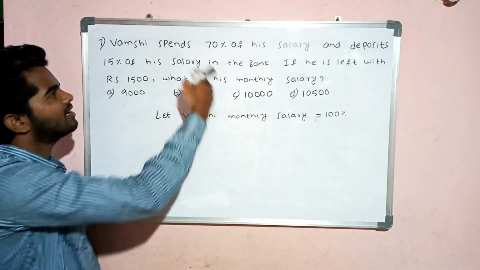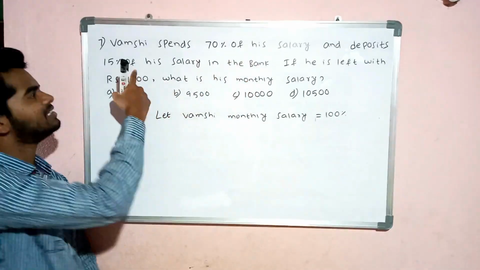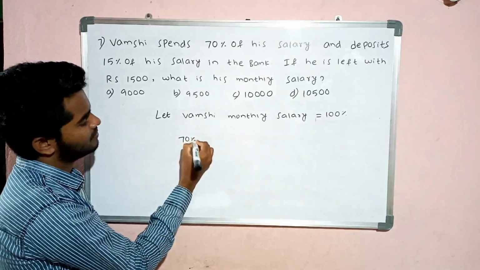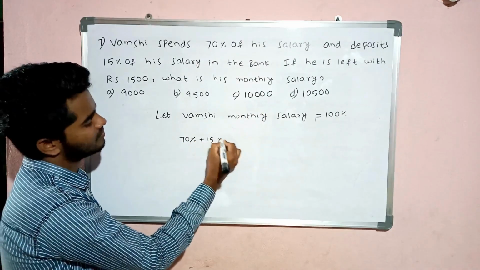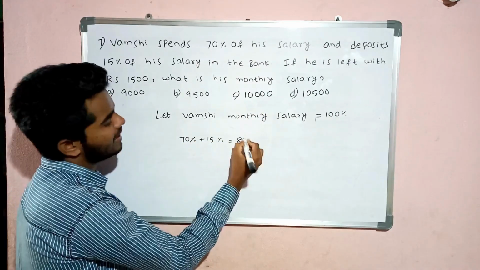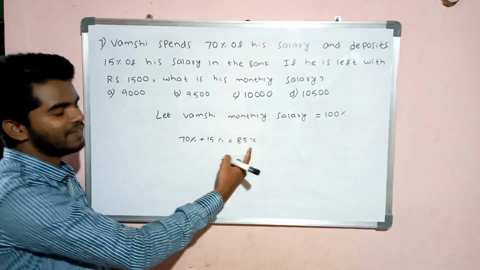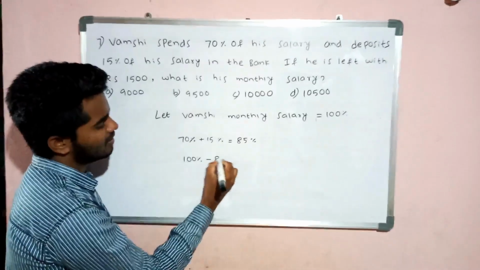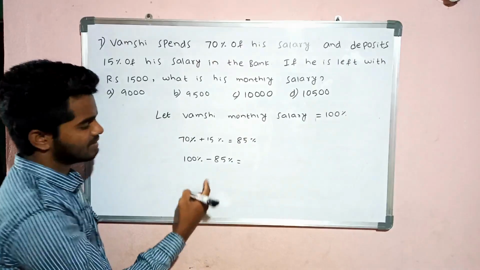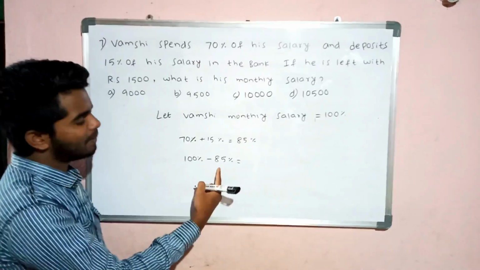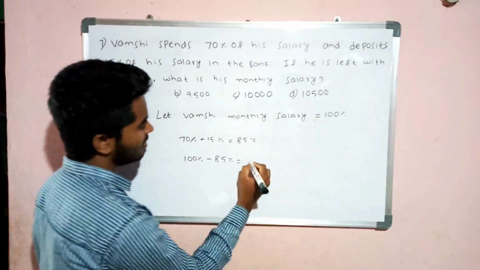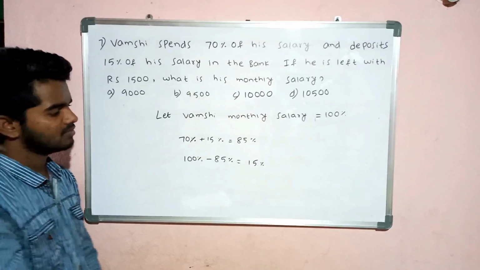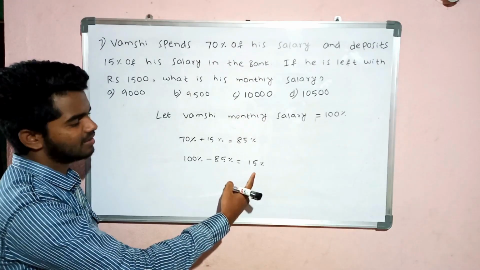In this 100%, he spends 70% and deposits 15% in the bank. 70% plus 15% is 85%. He spends 85%. His monthly salary is 100%, so 100% subtract 85% equals 15%. His remaining percentage is 15%.